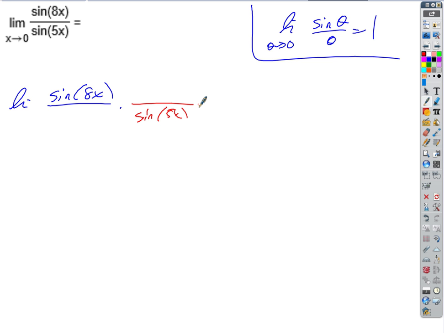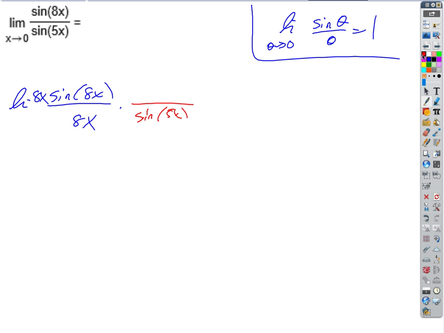Because if sine theta over theta goes to 1, then its reciprocal goes to 1 too. So I need to get an 8x on the bottom. I can't just multiply the bottom by 8x. I have to multiply both top and bottom by 8x. I haven't changed anything, I've multiplied by 1.